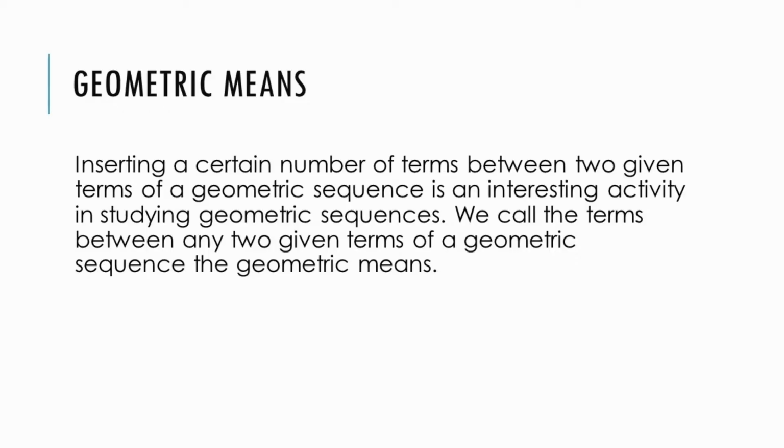Geometric means. Inserting a certain number of terms between 2 given terms of a geometric sequence is an interesting activity in studying geometric sequences. So, we call the terms between any 2 given terms of a geometric sequence as geometric means.